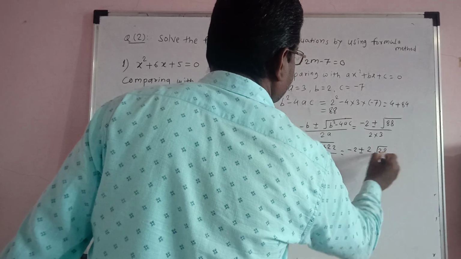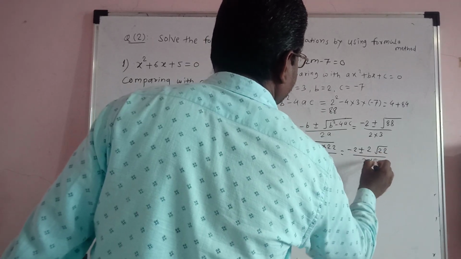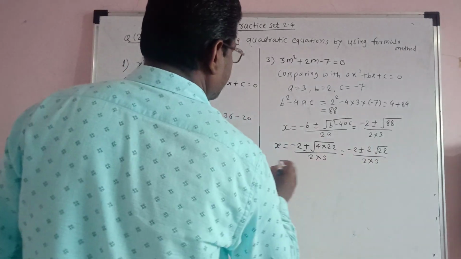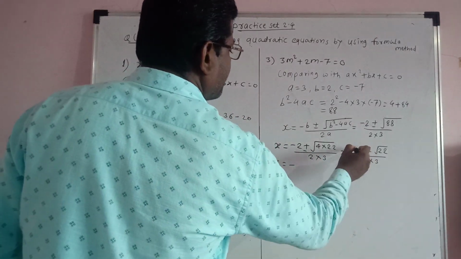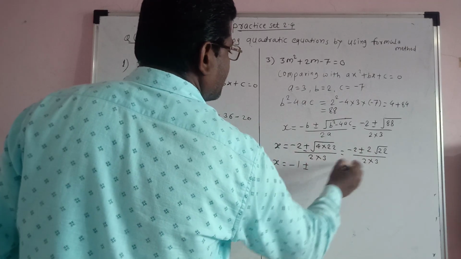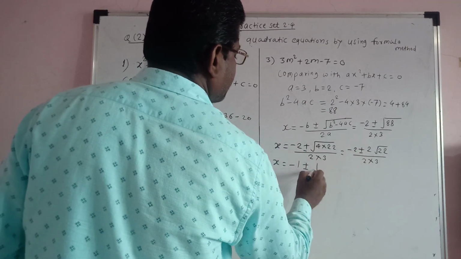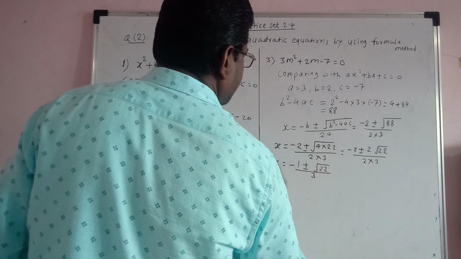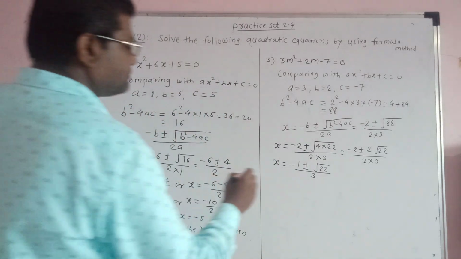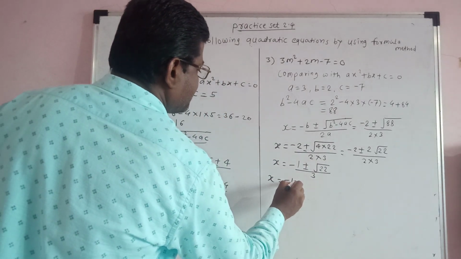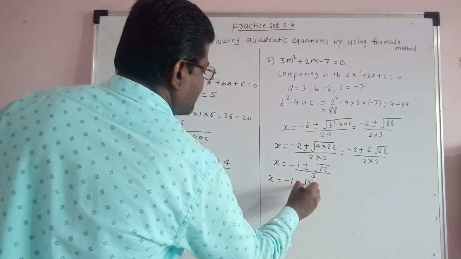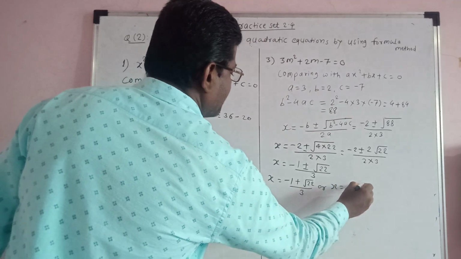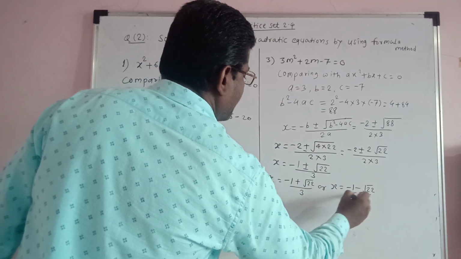Divide numerator and denominator by 2, therefore x is equal to minus 2 upon 2 is minus 1, this 2 will get cancelled, in root 22 this 2 will get cancelled, upon 3. Therefore x is equal to minus 1 plus in square root 22 upon 3 or x is equal to minus 1 minus in root 22 upon 3.